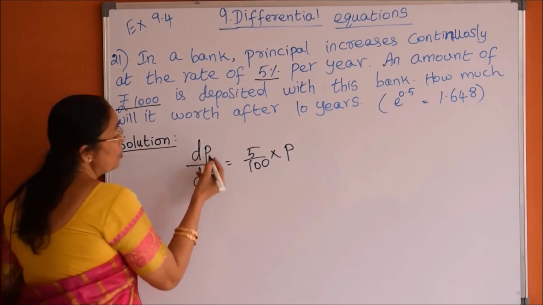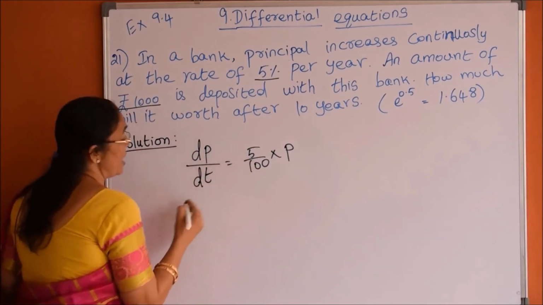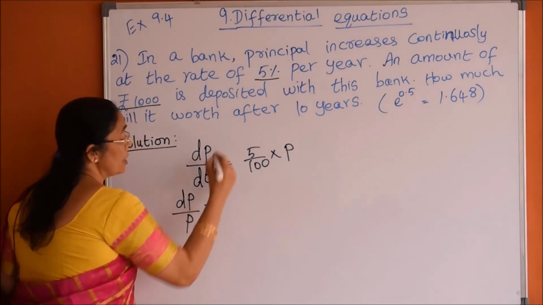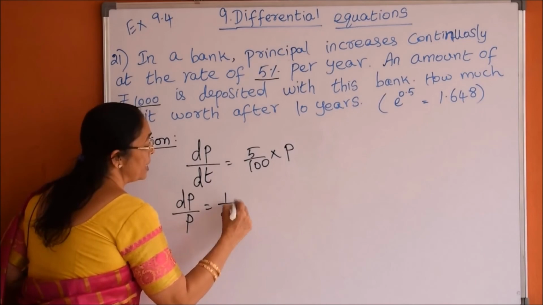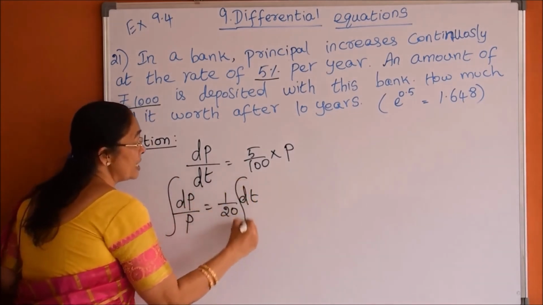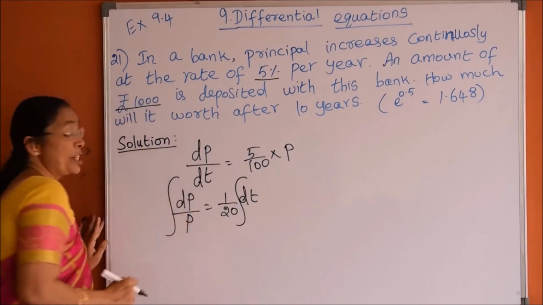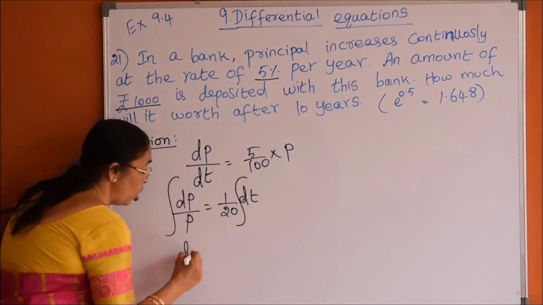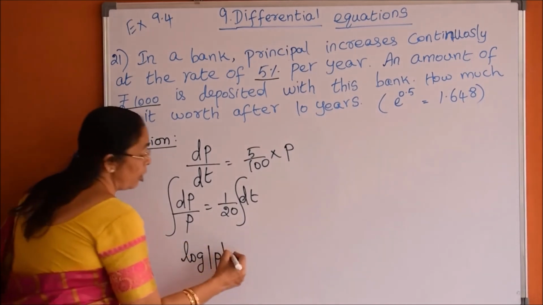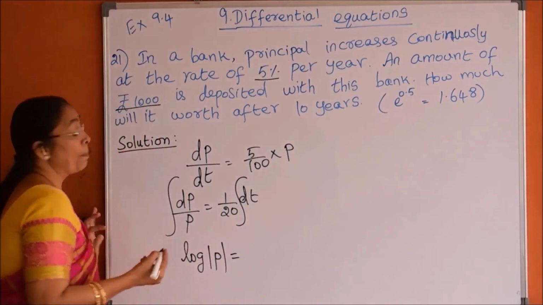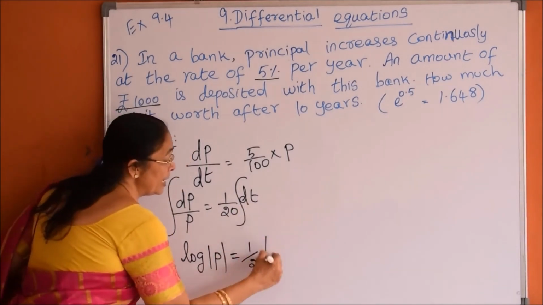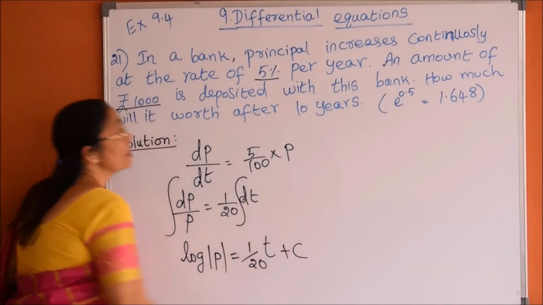So now separating the variables, we will get dP by P is equal to 5 by 100, which is 1 by 20, into dt. Integrating both sides, the integration of dP by P is log P. We can write log mod P, but P is principal which is always positive, so we can write simply log P, equal to 1 by 20 of the integration of dt, which is t plus c.